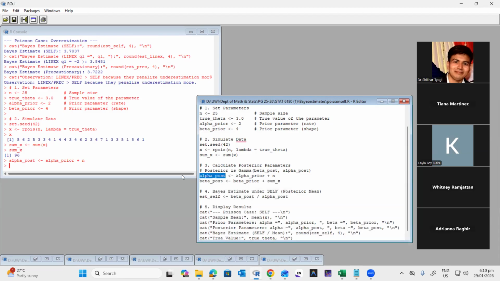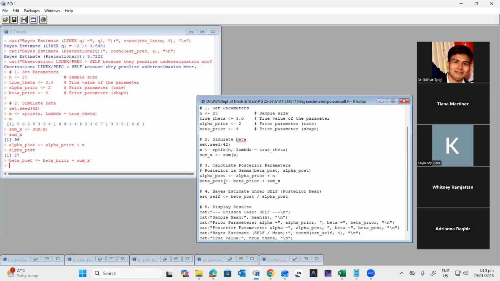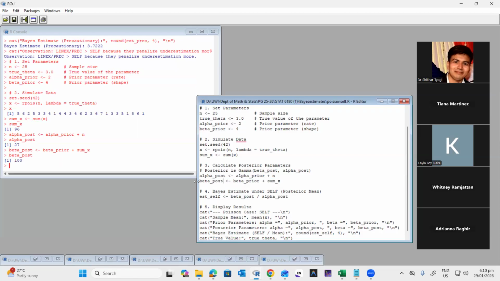The posterior alpha is 27, and the posterior beta is the prior beta plus the sum of x, which is 100. Now the Bayes estimate under the squared error loss function.